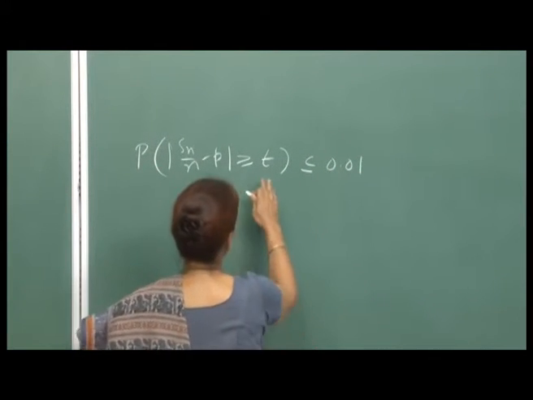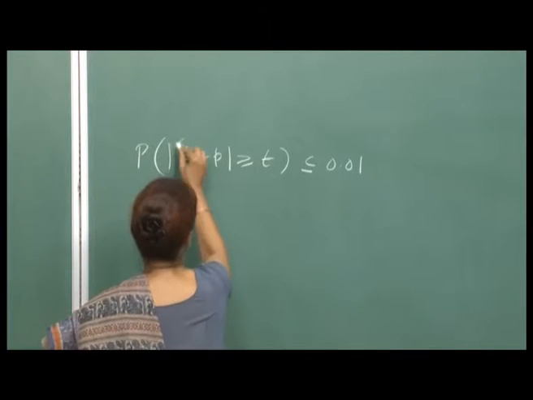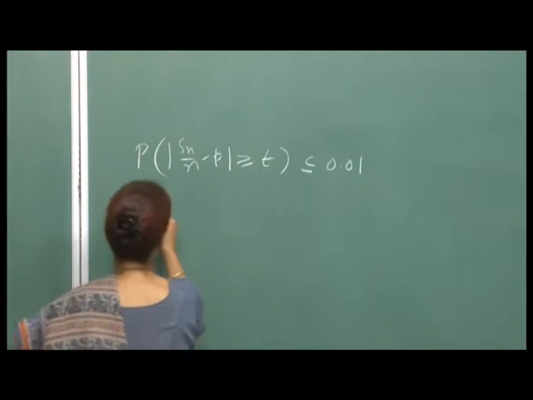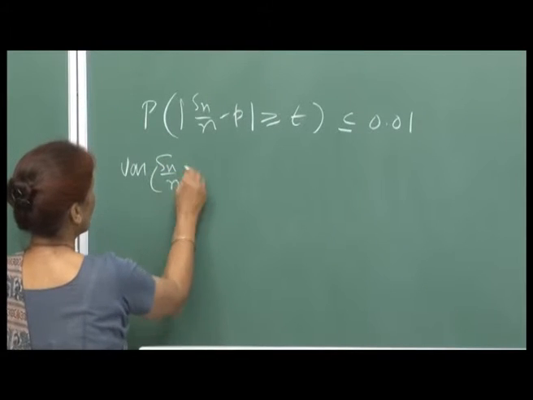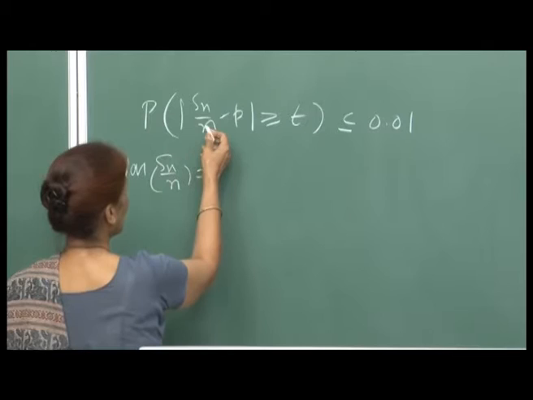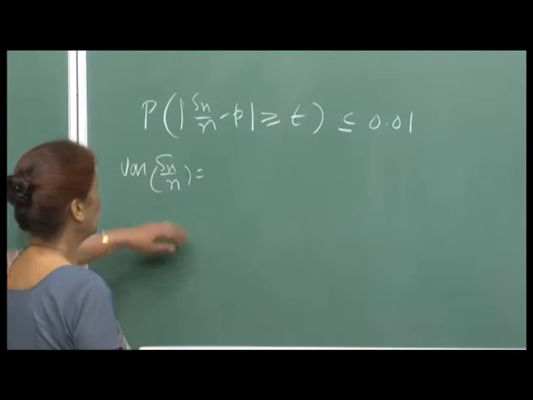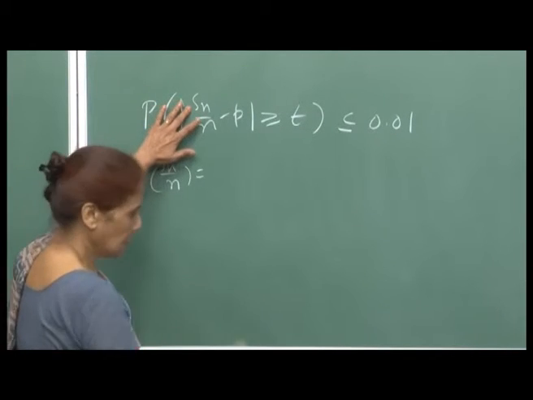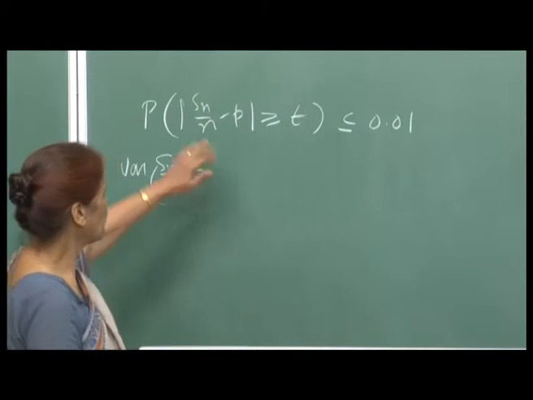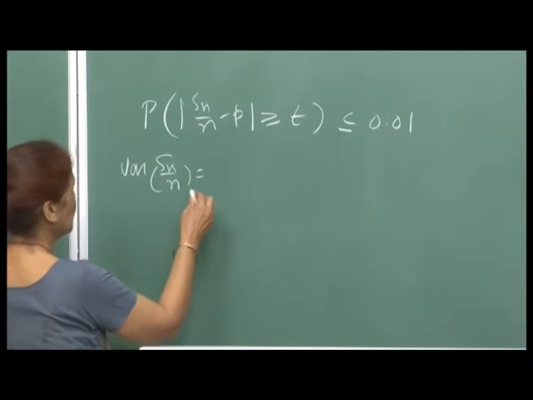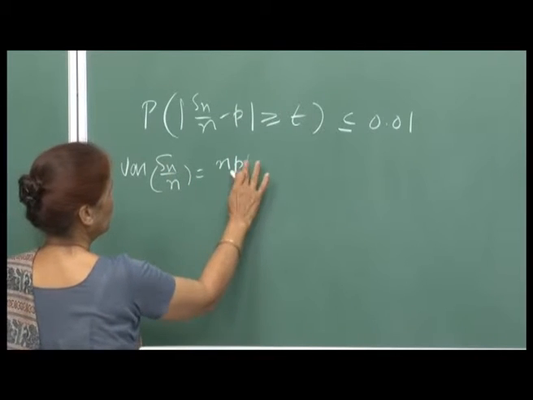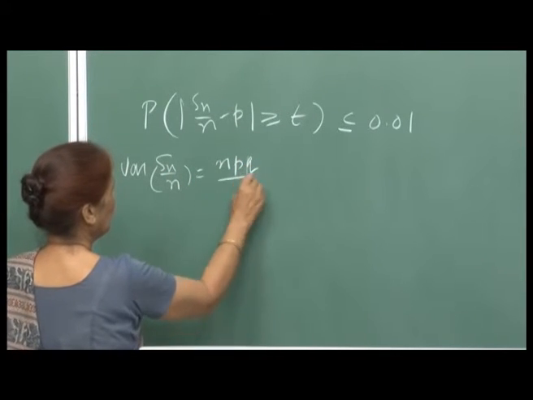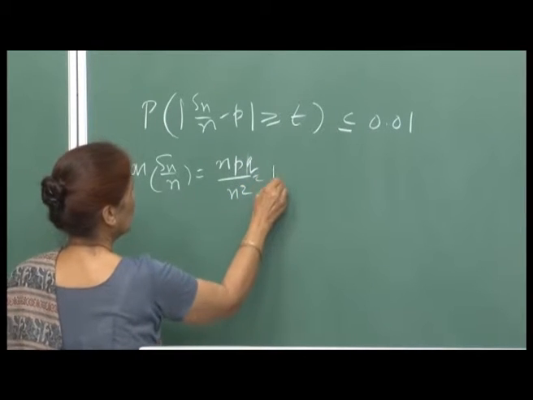Now, remember each X_i is Bernoulli, so S_n is binomial, and the variance of S_n is npq. So, the variance of S_n by n is npq over n squared, which is pq by n.